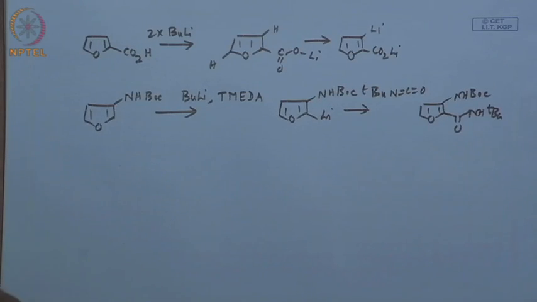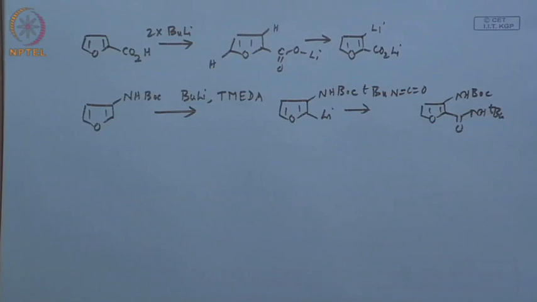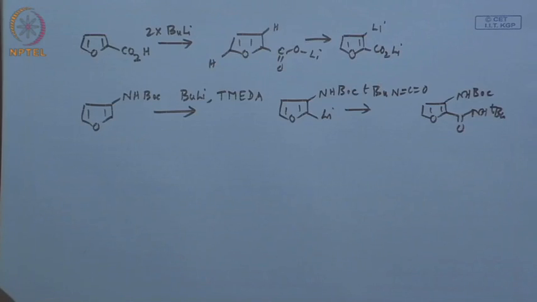Okay. So, what you see here, in most cases we have been basically functionalizing the furan at the 2 position. Now, this is an example where you can do a lithiation at the 3 position.